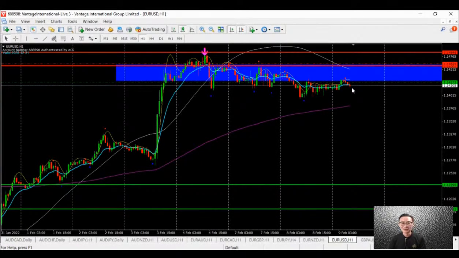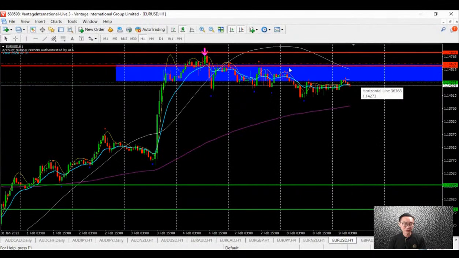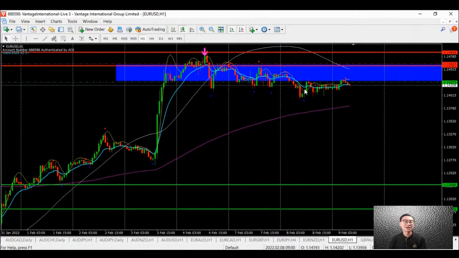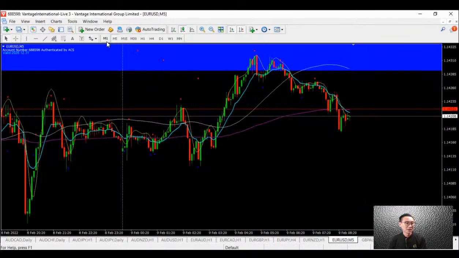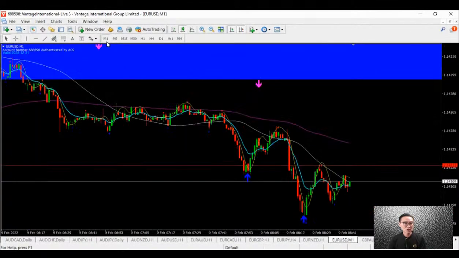So Euro dollar is something that we should be looking at to sell again. But of course, look at the sideways ranging over here. This part here is the support area, so take note of the support area from the movement until now. We have about 20 over pips to see if we have a chance to sell.